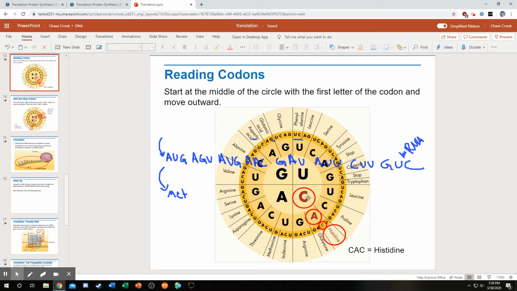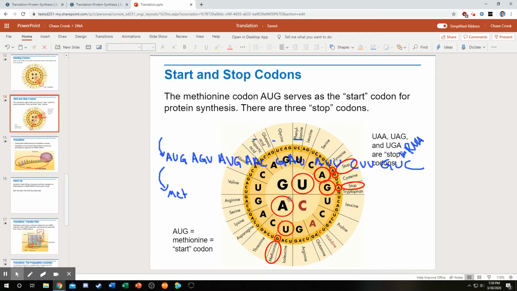AGU would code for serine. AUG would be methionine. AAC is asparagine, not asparagus, but asparagine.